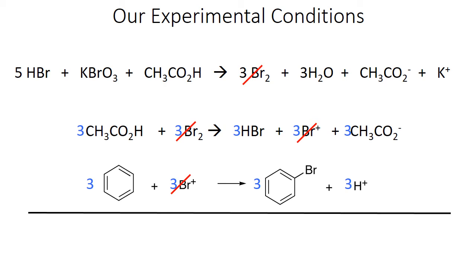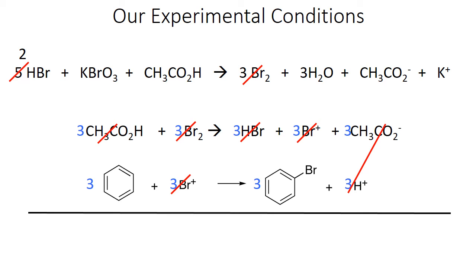We also have, in the second reaction, 3 acetic acid. The acetate and the H+ produced in the final reaction are essentially 3 acetic acid molecules. Those go away. And then we have 3 hydrobromic acid molecules formed in the second step. And that will knock out 3 of the 5 that we started with, leaving us 2.